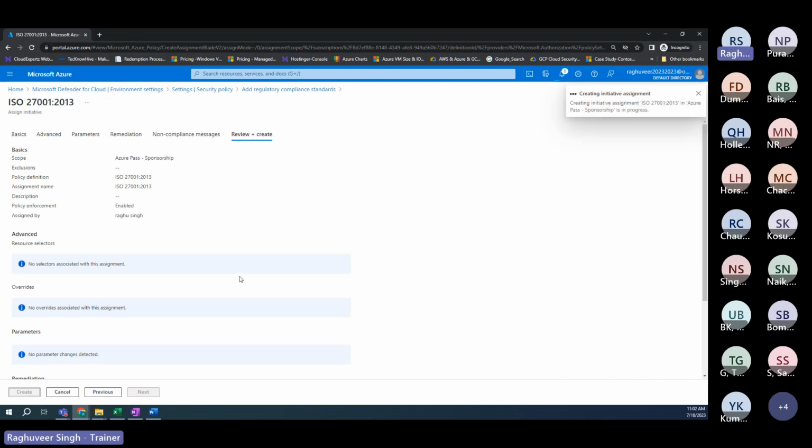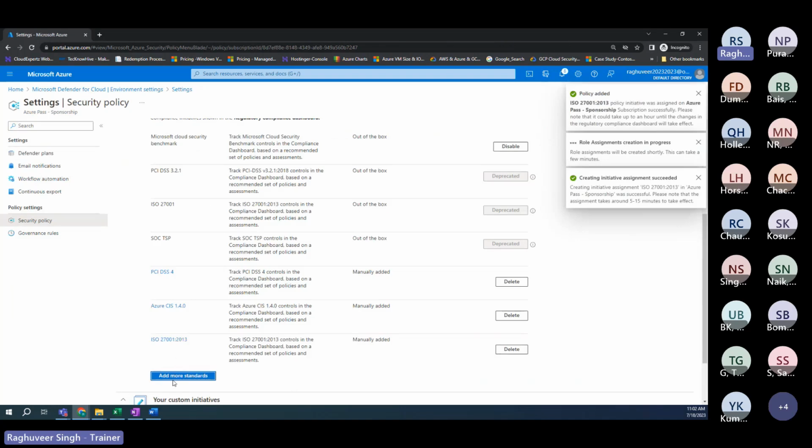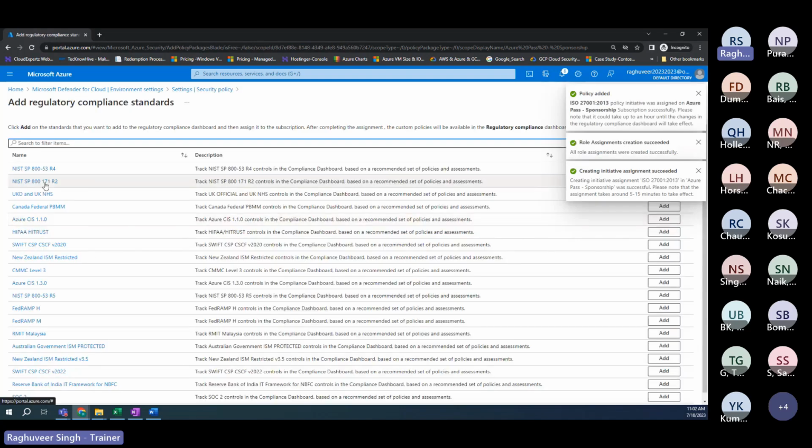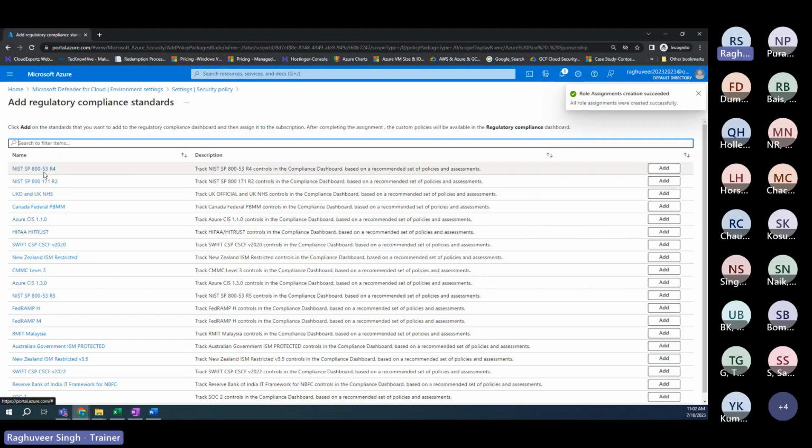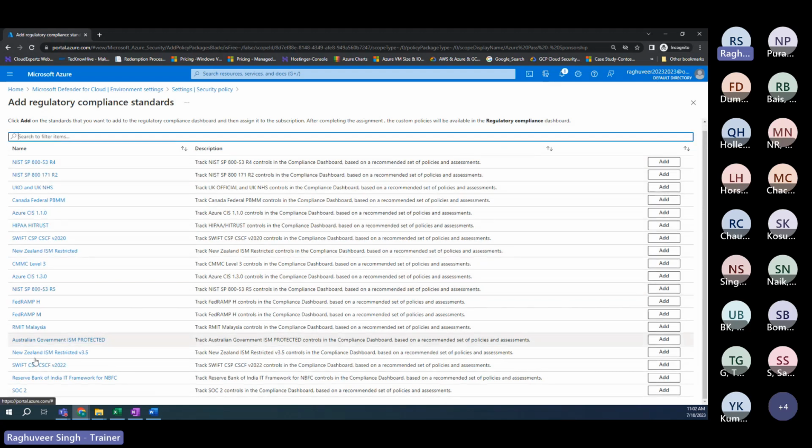And other than this, if you feel there is any specific standard or compliance which you would like to evaluate or understand in detail, you can also enable it from this list. For example, in India, we have a framework that RBI has created for NBFCs, non-banking financial corporations. All NBFCs have to adhere to this standard.